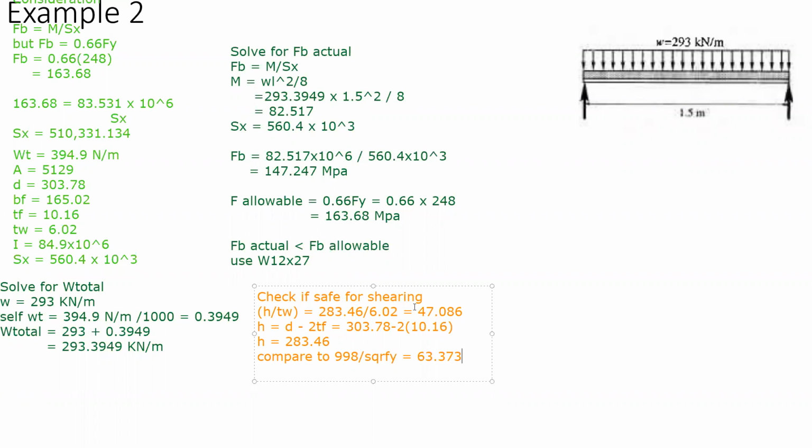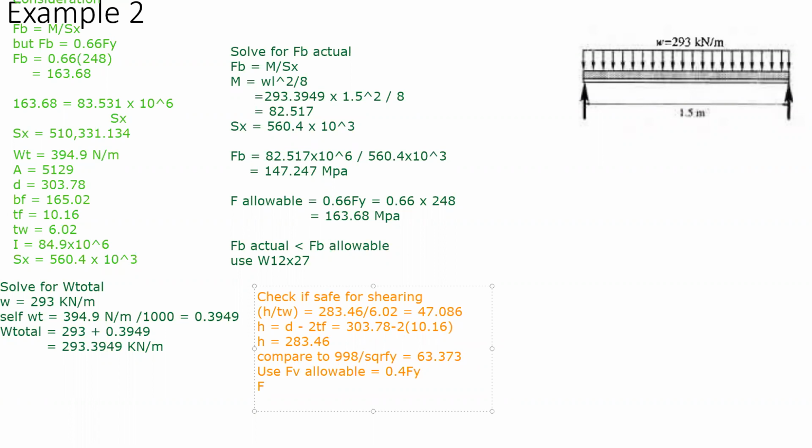Therefore, this is less than this. That means we use FV allowable equal to 0.4 Fy.